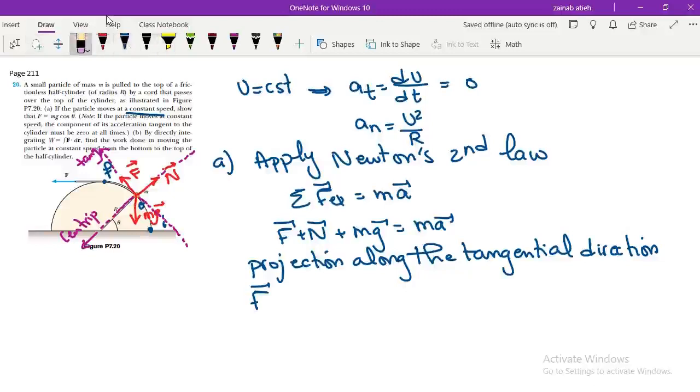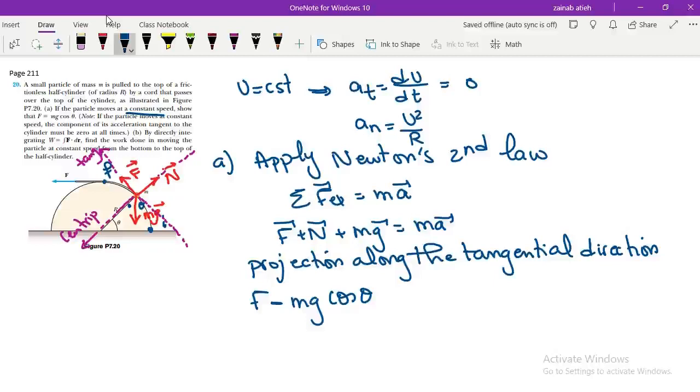Regarding the projection, I will remove this vector F. The mg will be split into two parts, one part along the tangential, one part along the centripetal. The part along the tangential is mg cosine theta, so it's minus mg cosine theta. Why minus? Because it's opposite the direction of motion of the particle. Remember that theta with the other angle makes 90, because they make a right angle, so for sure the angle with the tangential is theta.